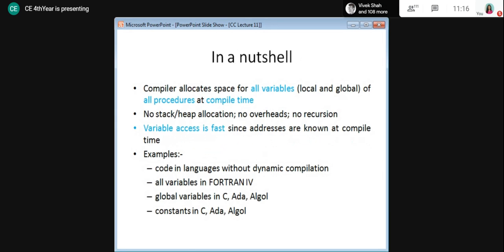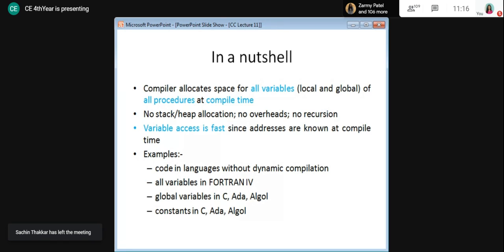This allocation is used for the global variables in C, ADA, and Algol. It is also used for the constants that we declare in C language. Only for Fortran 4, all the variables are declared using this particular storage allocation.